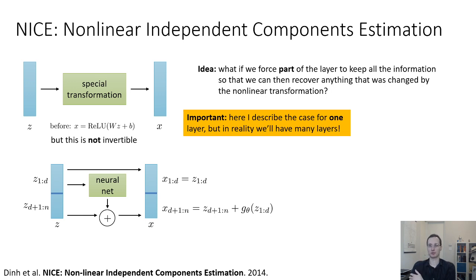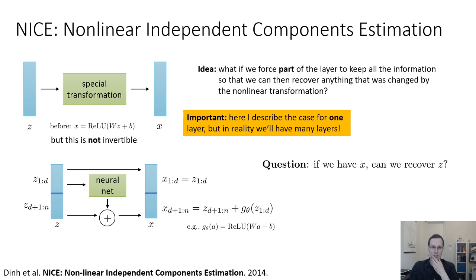So g theta is just that neural net part. It's a lot like a residual unit, except that we split it in half. We have the first half that just copies and the second half that has this nonlinear component added to it. So g theta doesn't have to be invertible here. It can be like a ReLU applied to a matrix multiply. So g theta of a might be just ReLU of wa plus b, some kind of nonlinear operation.